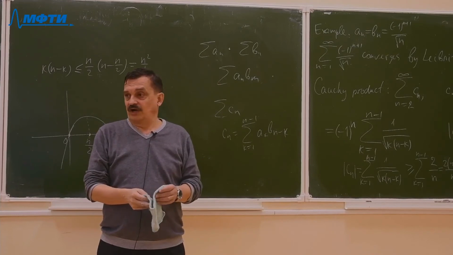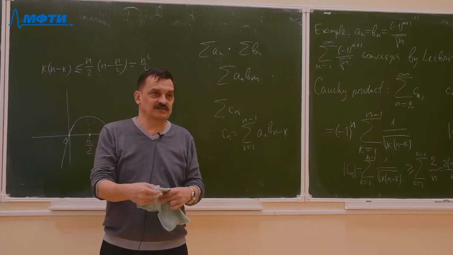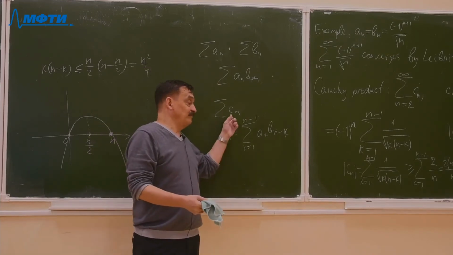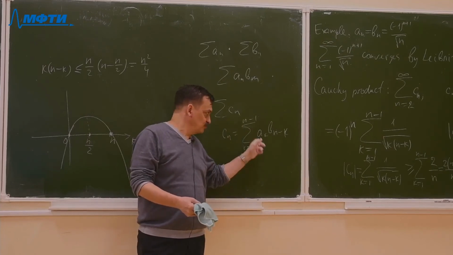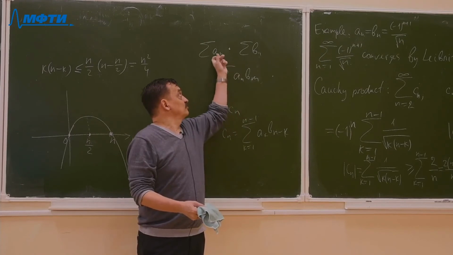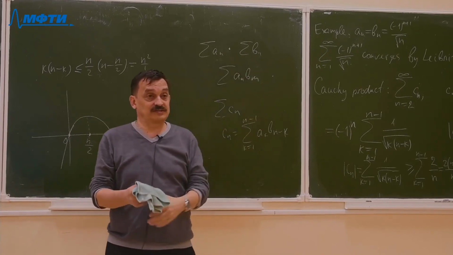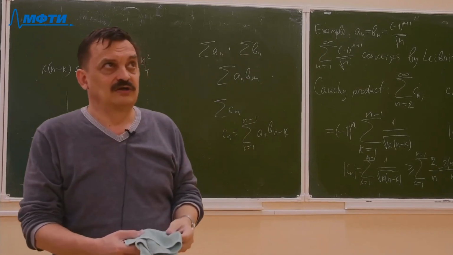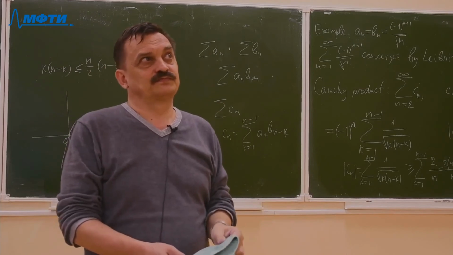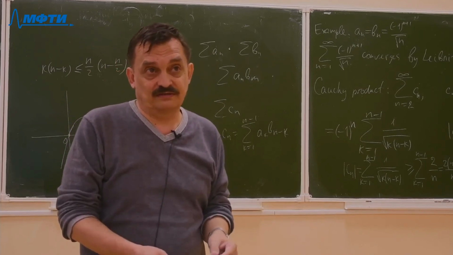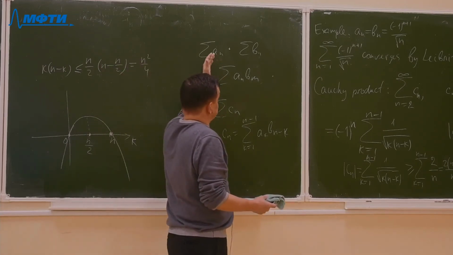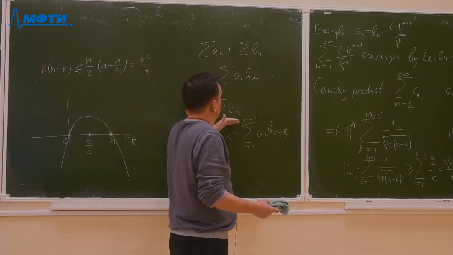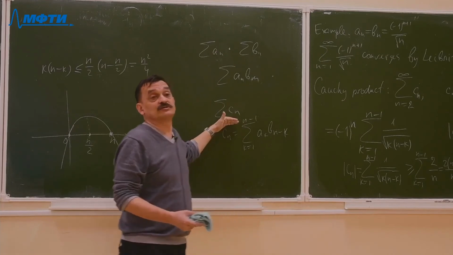But one more interesting story is that if the Cauchy product converges, then for sure it converges to the product of those sums. So the worst thing which may happen is that the Cauchy product diverges.